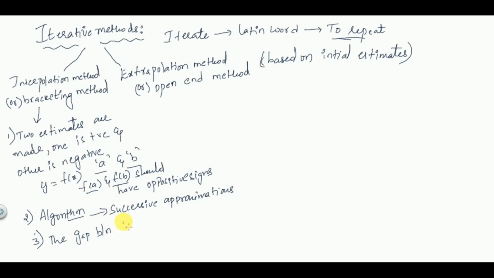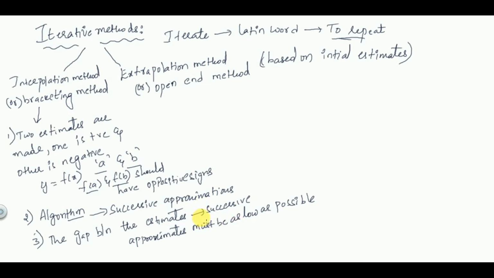The gap between the estimates which are obtained by successive approximations must be as low as possible, within the acceptable range. If the gap between them is within the acceptable range, then we can stop the iteration there. I'll explain, don't worry, when I take the method and solve it using an example.